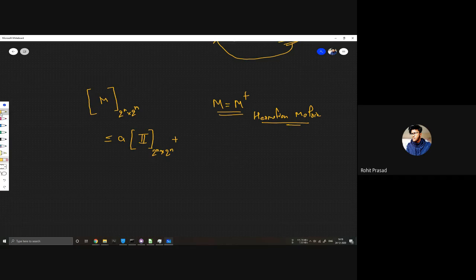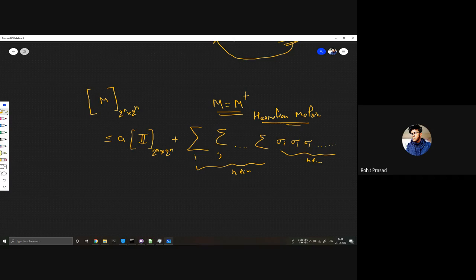Let's do it in a summation way: summation over i, j, and this will continue n times, with sigma x, sigma y, sigma z, something like this, n times. This should be sigma i.